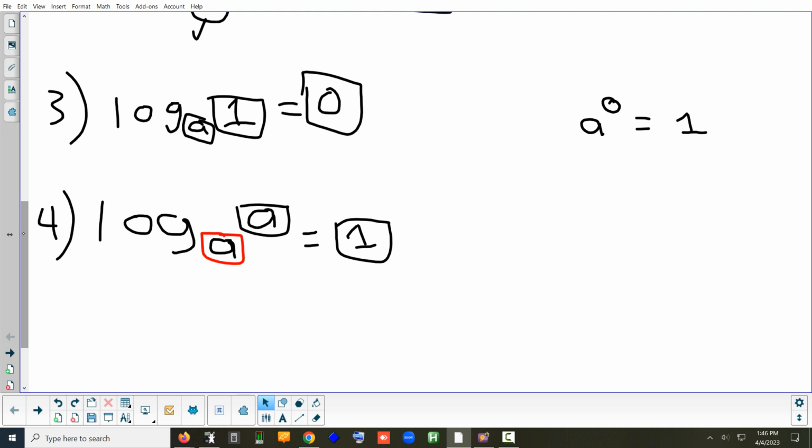All right, so if we look at that formula, is that formula a log equation or is that an exponential equation? That's a log equation. So let's change it to exponential and see if that makes it obvious why that is true. Because looking at it as a log, you might not understand why it's true.